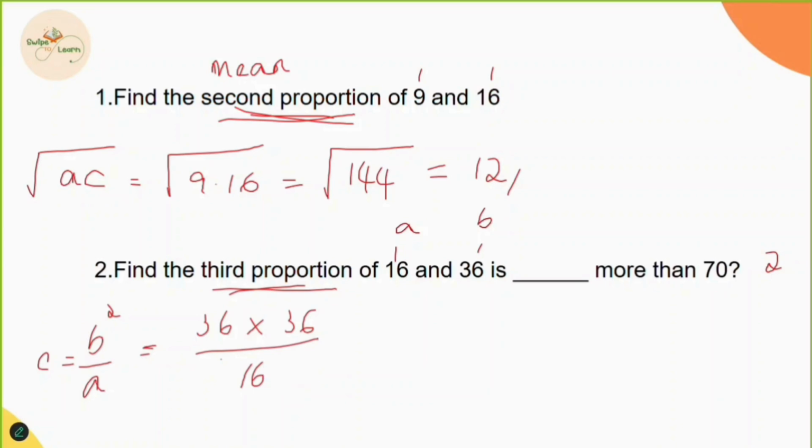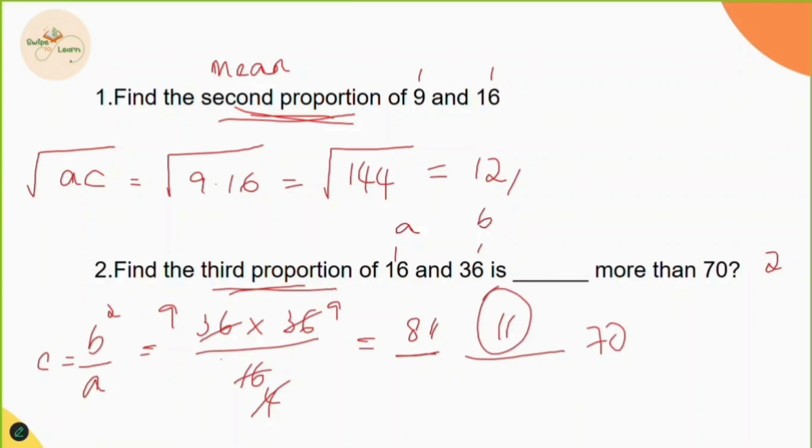There is a possibility of cancellation. 4 fours are 16, 4 nines are 36. Again 4 ones are 4, 4 nines are 36. So it equals 81. So the third proportion of 16 and 36 is 81. 81 is how much more than 70? It's 11, right? So 81 is 11 more than 70.